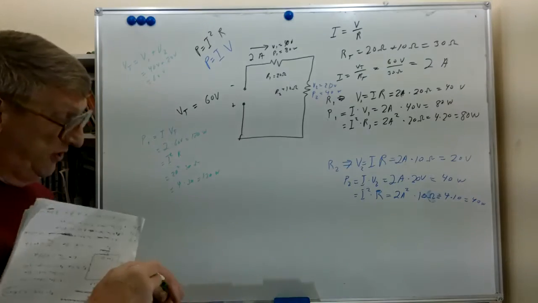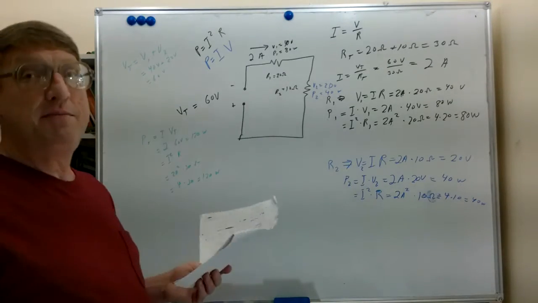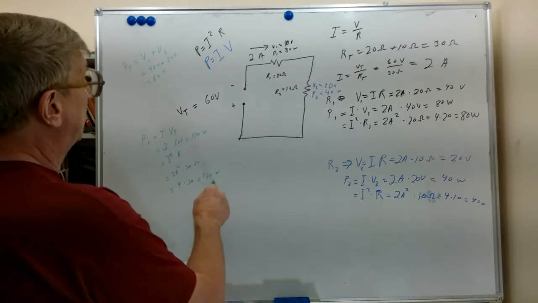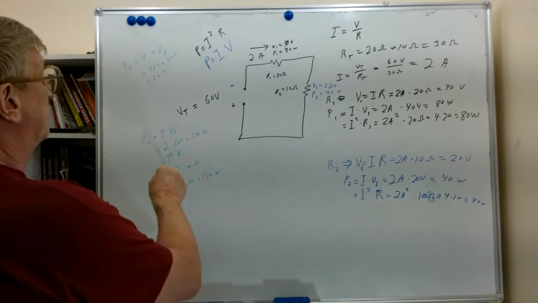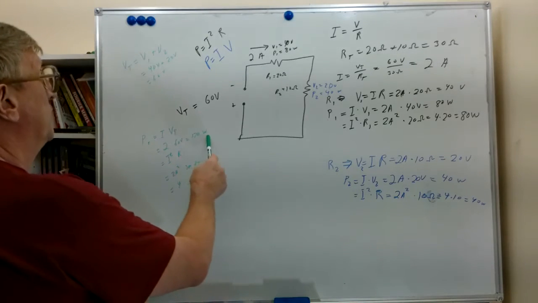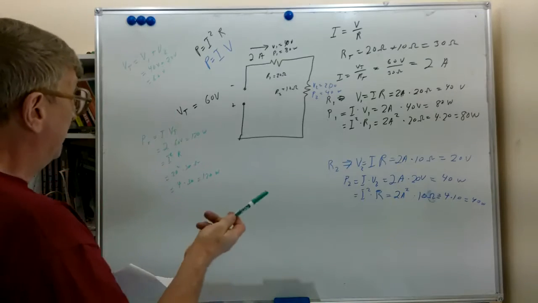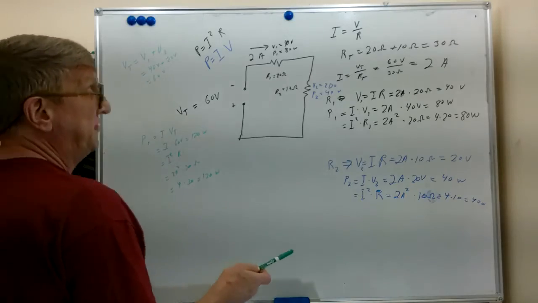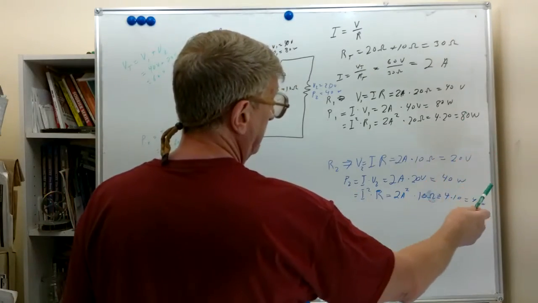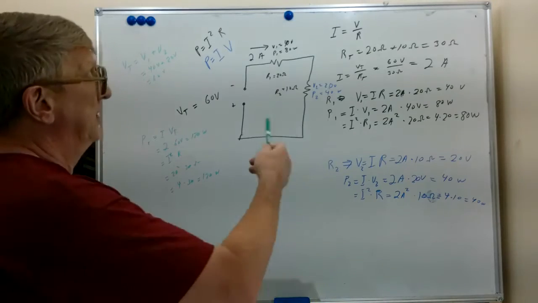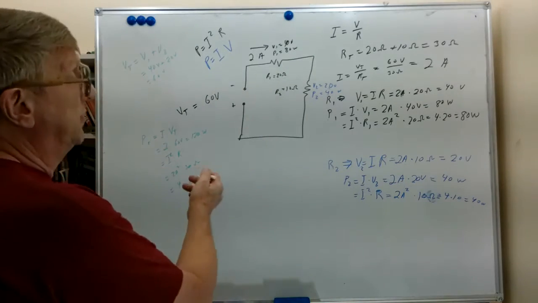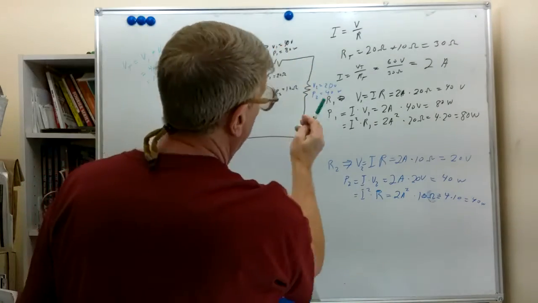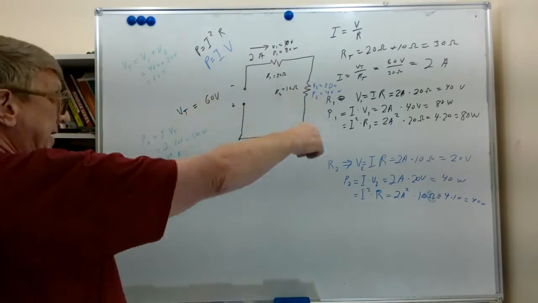So what you see here is, as long as we aren't making errors, either formula leads us to the same place. We found 120 watts supplied using the I squared R formula. We found 120 watts supplied using the I times VT formula, the voltage of the source. And over here we found 80 watts plus 40 watts dissipated by the 2 resistors. So the 120 watts supplied by the source is equivalent to the 120 watts dissipated by the combined loads in the circuit.